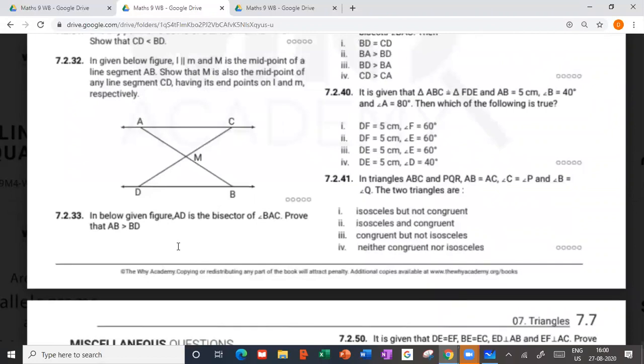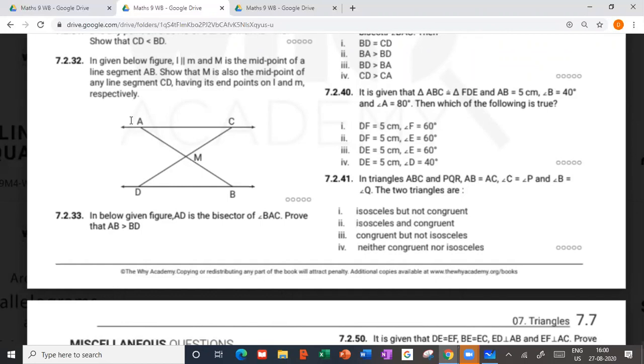It's simple, but let me see. Try doing 32. They have given you two parallel lines, a midpoint, and they want you to show that M is also the midpoint of CD. How will you do that? We did this question on Tuesday. Can I do it? Sure.